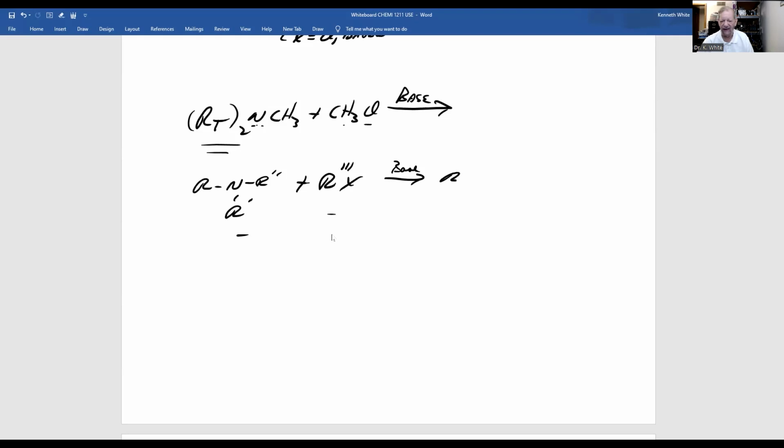We get a quaternary ammonium salt. And it doesn't matter which side you put which R group. And the halogen anion, don't forget that. Let's call this R and R prime. Let's call this R double prime. And the methyl group R triple prime. You can write it like this.